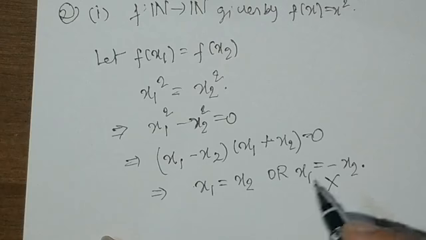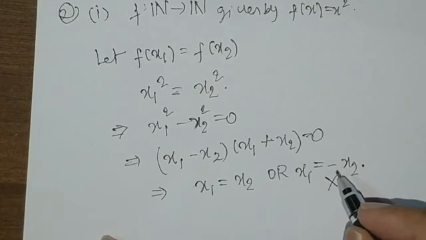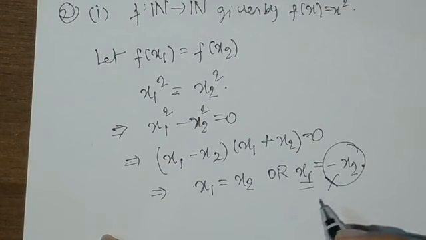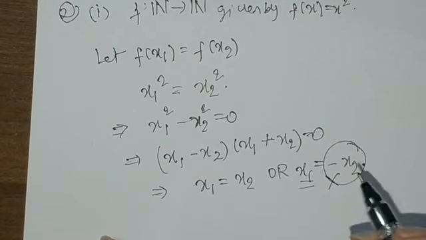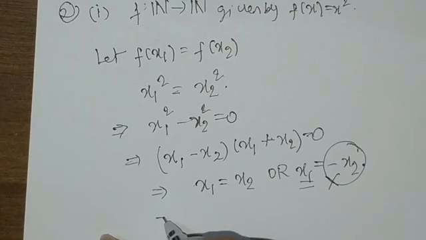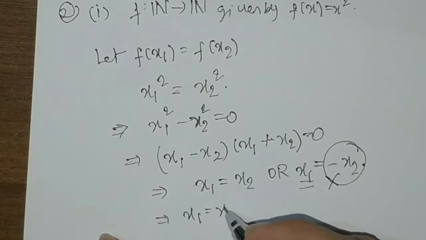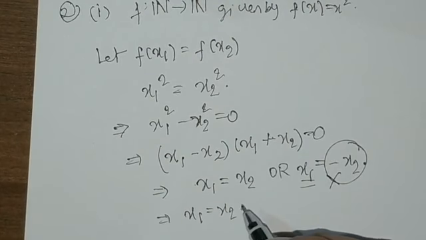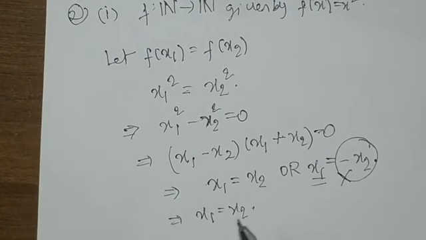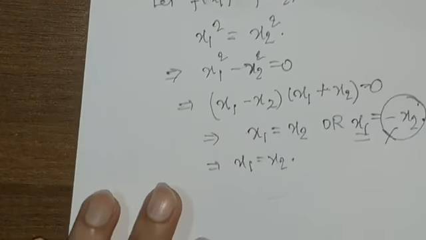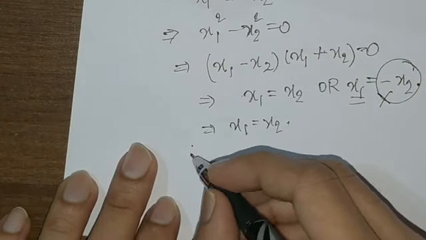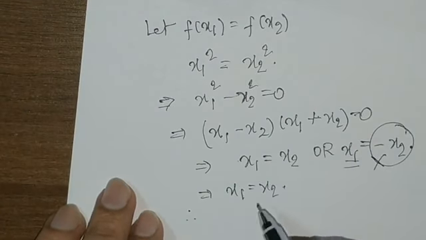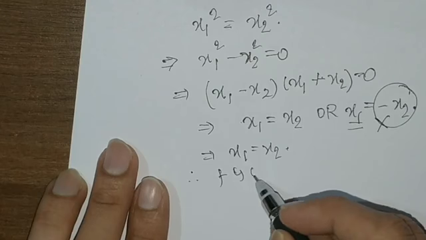First of all, a natural number cannot be negative. So this case is discarded. So what you get is x1 is equal to x2. We have considered that f(x1) is equal to f(x2). We got x1 is equal to x2. Therefore f is 1-1.